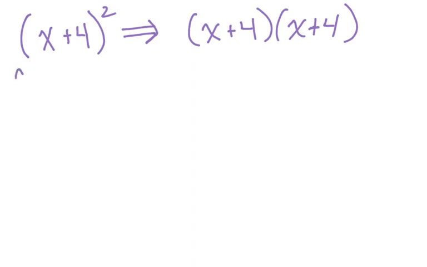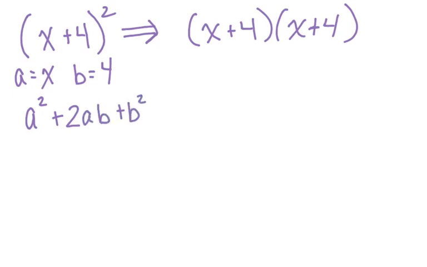Remember, you should identify what a and b are. A is that first term, which is x. B is that second term, which is 4. The general form is a squared, and I have plus here, so it's plus 2ab plus b squared.